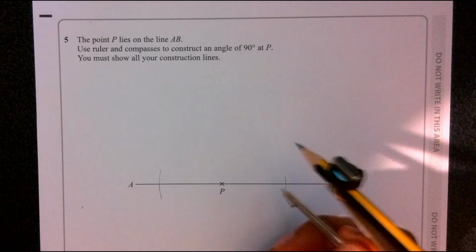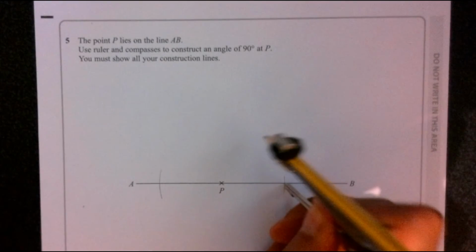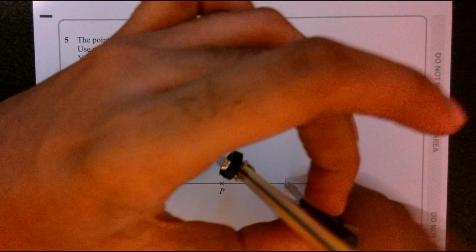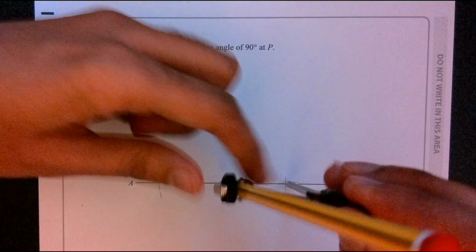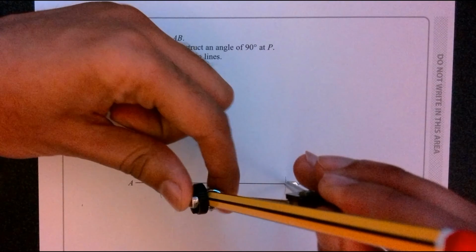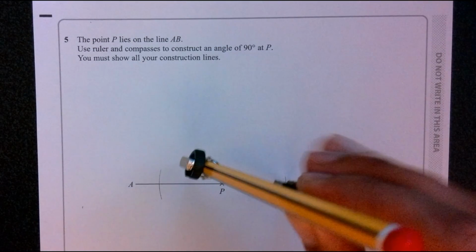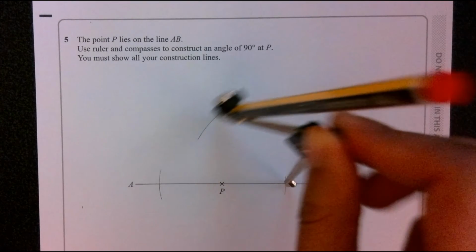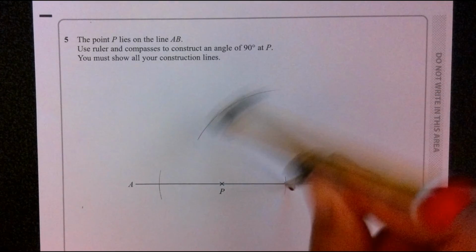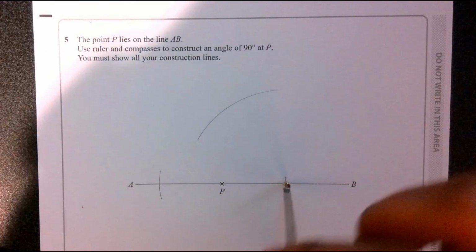Put the pointy bit of the compass here. Set the radius to be greater than this length, around here. Draw an arc like so. Same thing at the bottom.